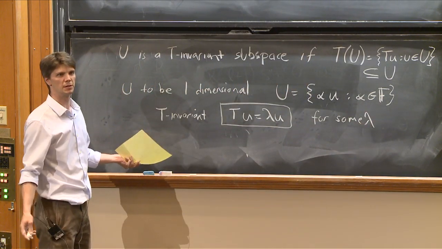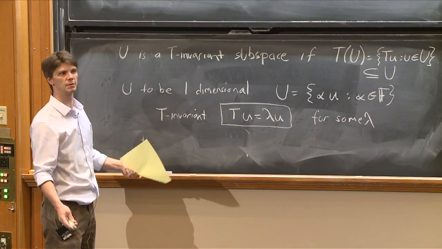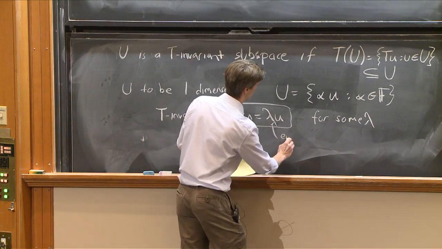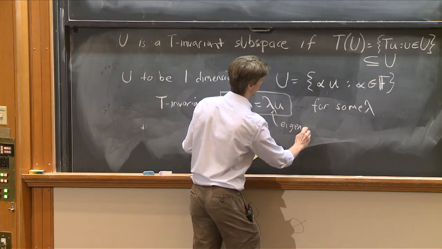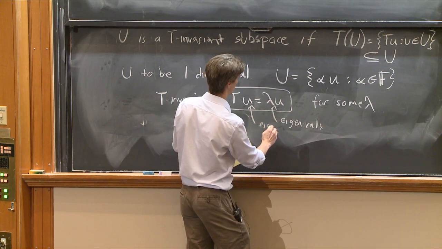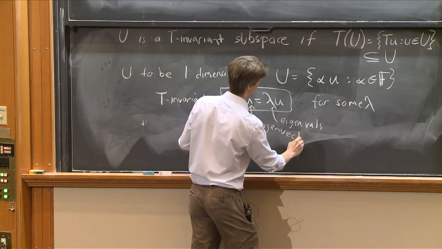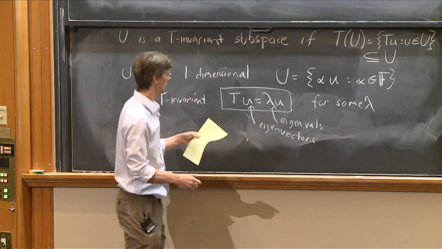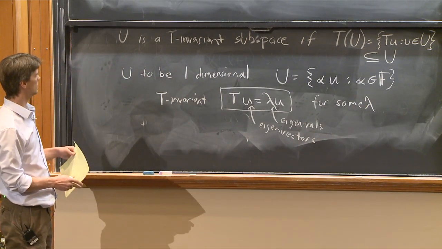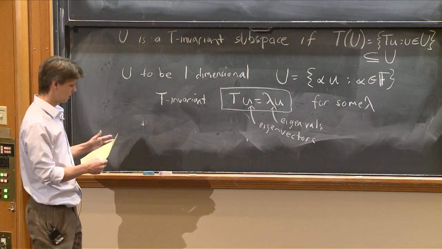And you've seen this equation before in terms of matrices and vectors, right? This is an eigenvalue equation. So these are our eigenvalues, and these are eigenvectors. But now they're just an abstract version of what you've discussed before, and we'll come back to this in a moment.